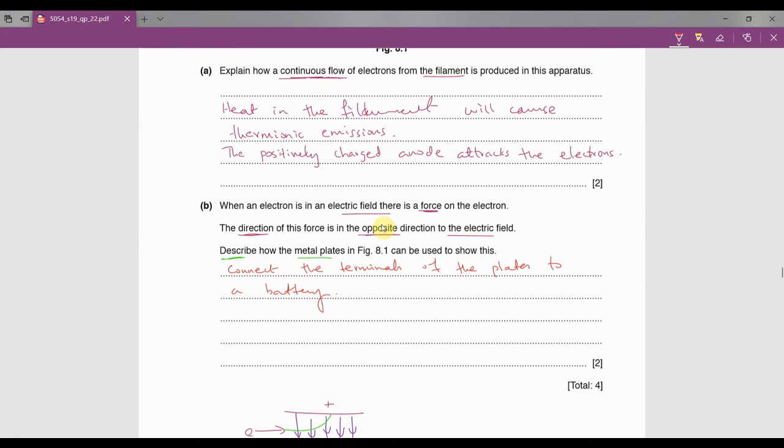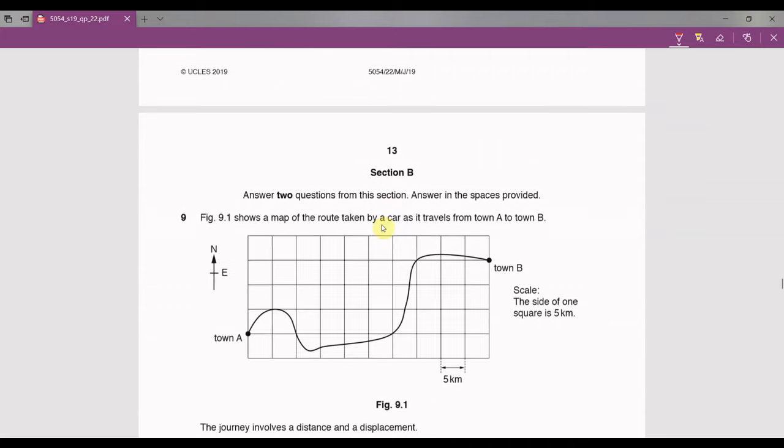And because the electron is negatively charged, we will be able to see the electron being deflected towards the positive plate. And that's your answer. So I think we are done with section A.